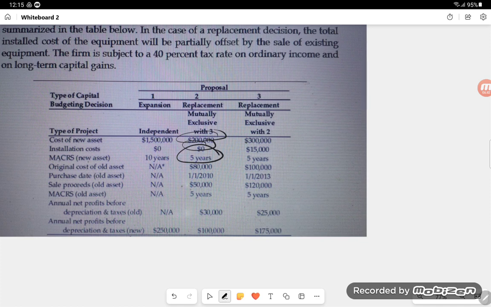Sale proceeds of the old asset is 50,000. The purchase date of the old asset is 2010. And finally, the annual net profit before depreciation and tax of the old asset is 30,000, and with respect to the new asset is 100,000.